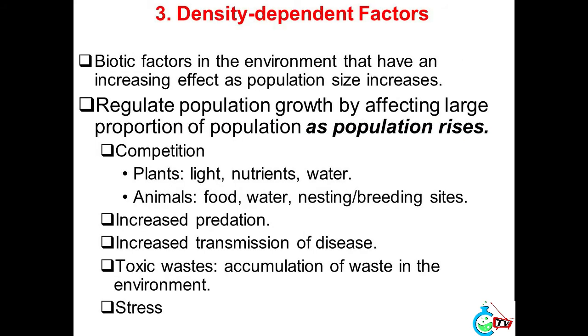3. Density-dependent factors. Biotic factors in the environment that have an increasing effect as population size increases. They regulate population growth by affecting a large proportion of the population as population rises. Competition: plants, light, nutrients, water; animals, food, water, nesting/breeding sites.